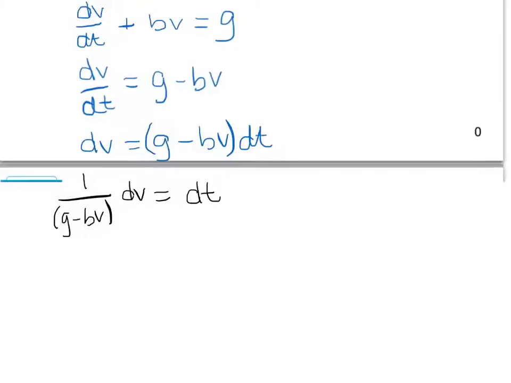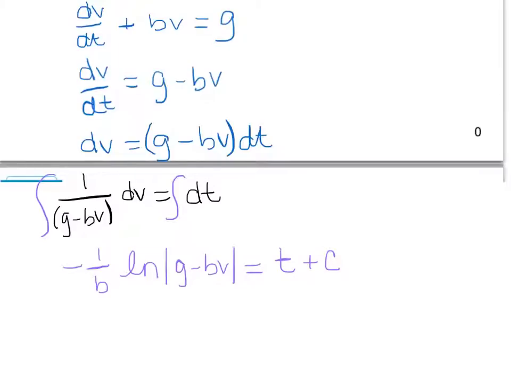From here, I can integrate. When I integrate both sides, I end up with negative 1 divided by b times the natural log of the absolute value of g minus bv, equal to the integral of dt, which is just t plus c.